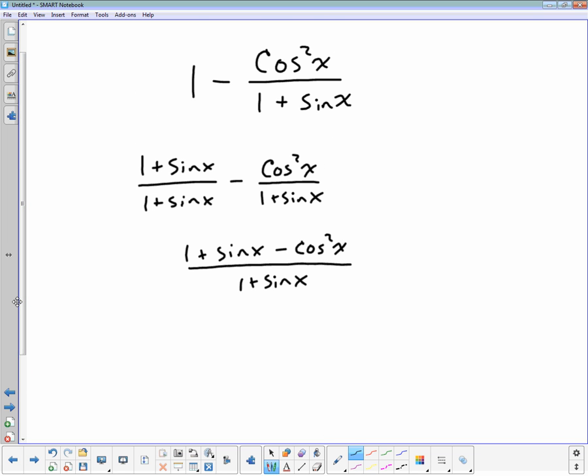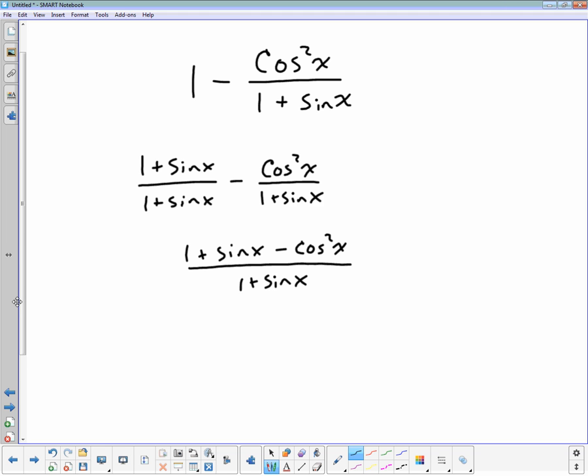You make it cosine is 1 minus sine squared. 1 minus sine squared. Now you see, looking at that, you can say, all right, well, now what the heck am I going to do? Well, my instinct after doing 100,000 of these is to go after the ugliest thing on the page.